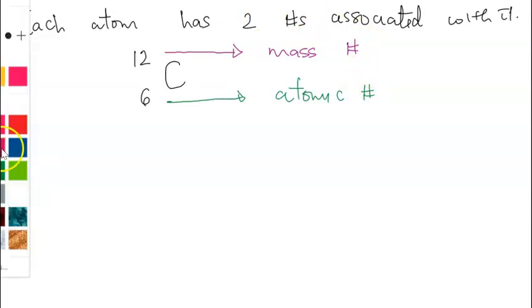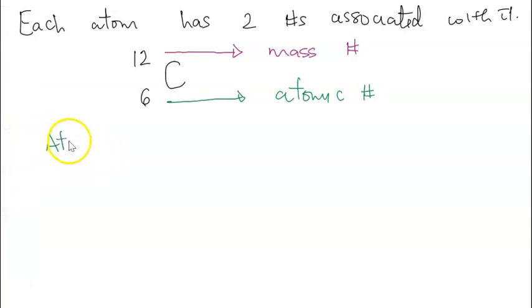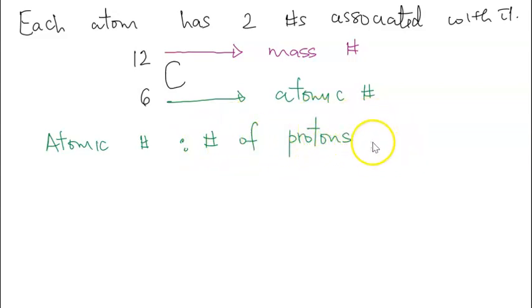The atomic number is the number of protons in the nucleus of an atom.